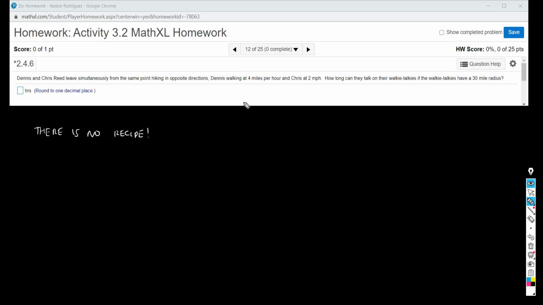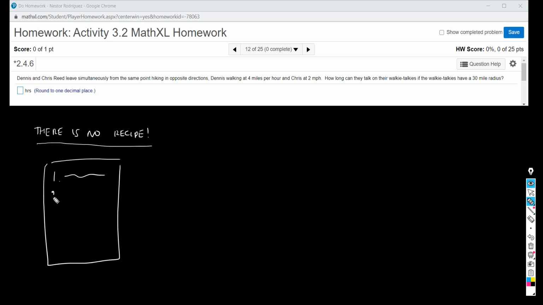Application problems, otherwise known badly as reason problems or word problems. I like to call them application problems, and there is no recipe. I cannot give you a list of things that you have to do, like do this first, and then do this, and then do that, and eventually you will get to the answer.